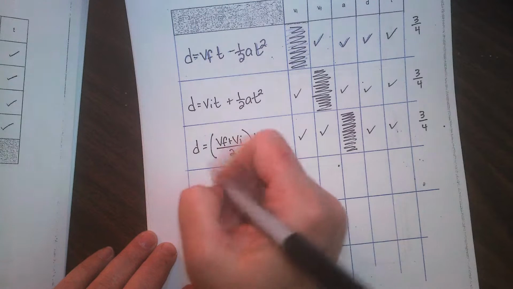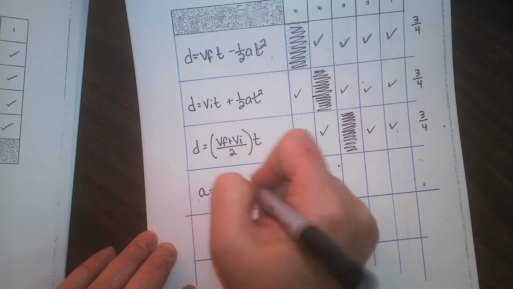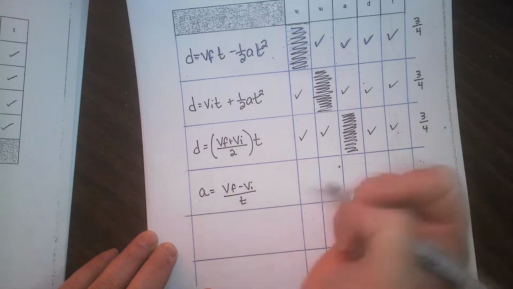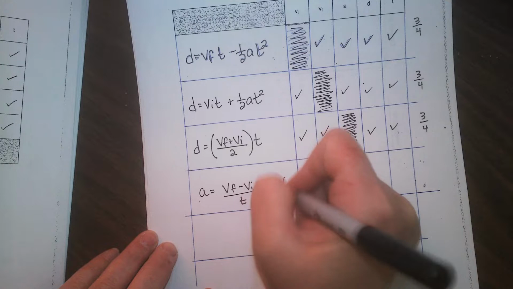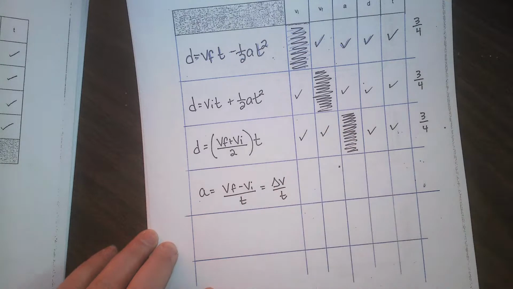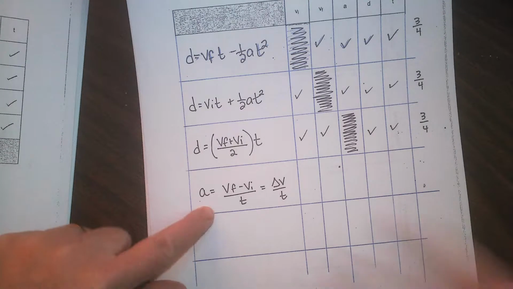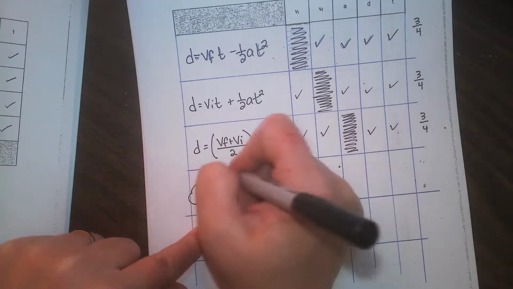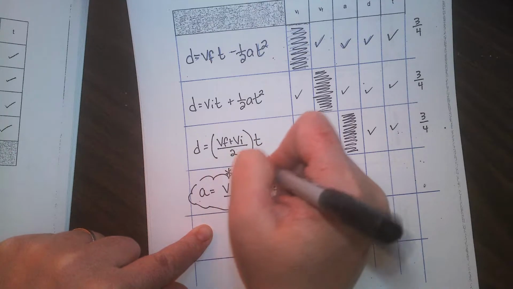Now, having said all that, A is equal to VF minus VI divided by time, which is also equal to delta V over T. So in our notes, we broke them out as 2 separate formulas and said, memorize this one. That's what our notes say.